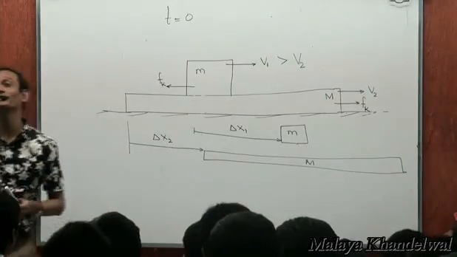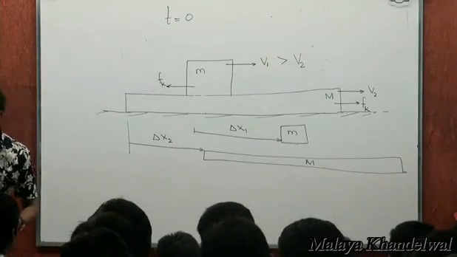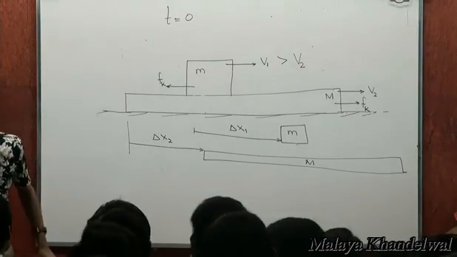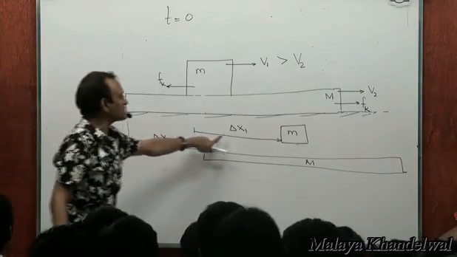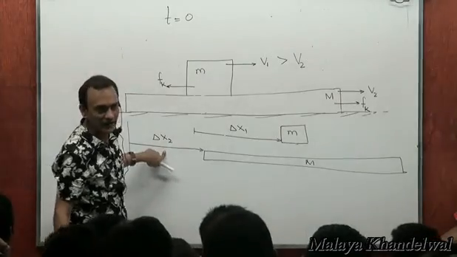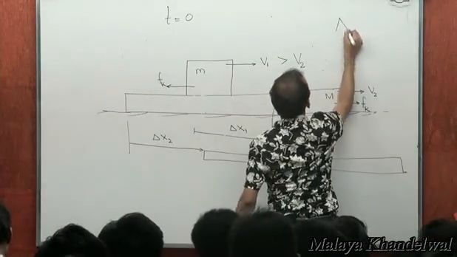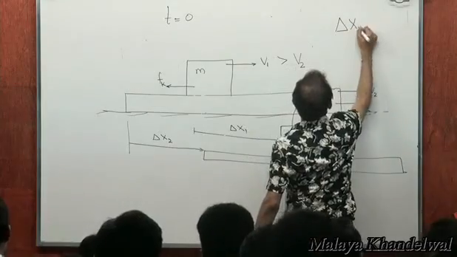Delta x1 will be higher than delta x2. Why? Because at all times the velocity of the mass small m, the upper mass, was higher than the velocity of the lower mass. So delta x1 must have been higher than delta x2, right?